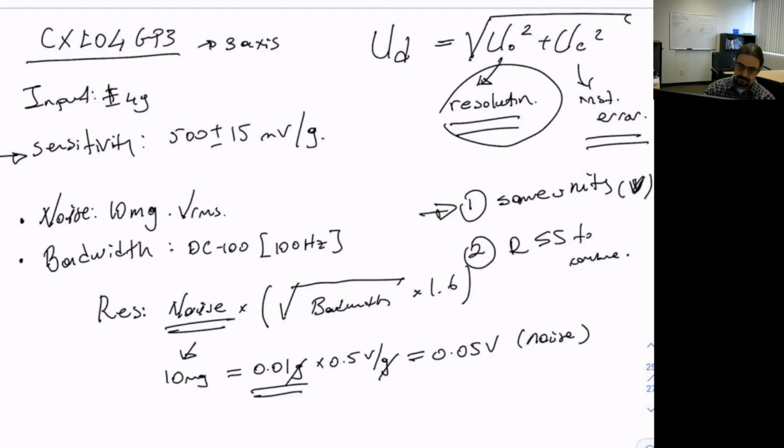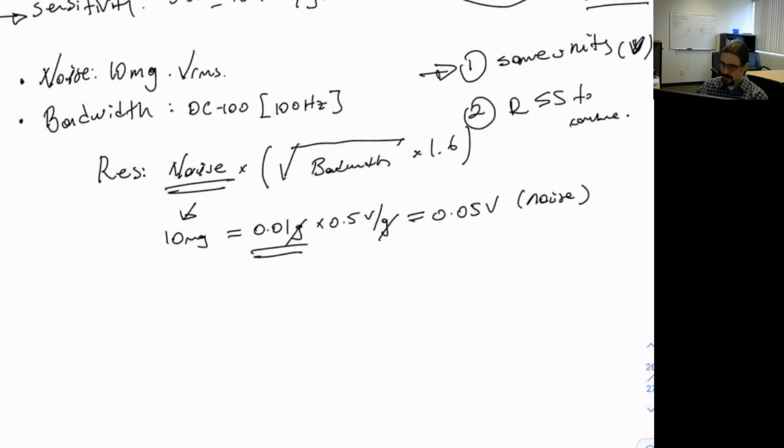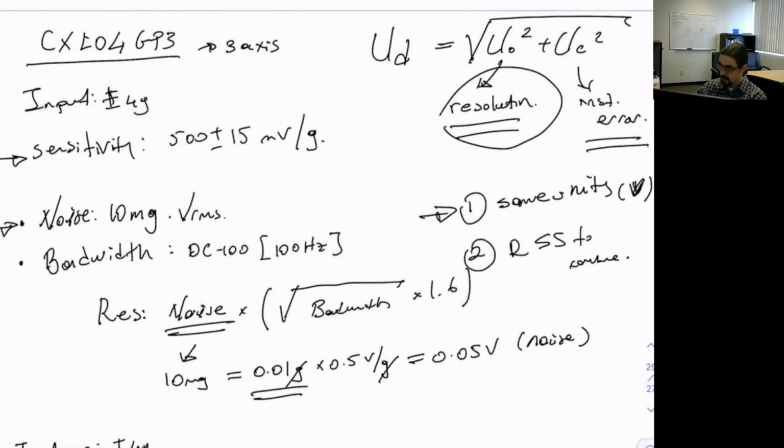Okay? Now we know the noise, at least in voltages. I'm looking back to my noise again, right? It was given here as the 10 microGs times the voltage in RMS. Okay, so I know that the input range was plus minus 4 G's, right, that was written here on the top.